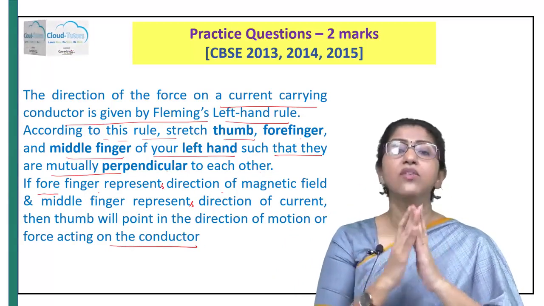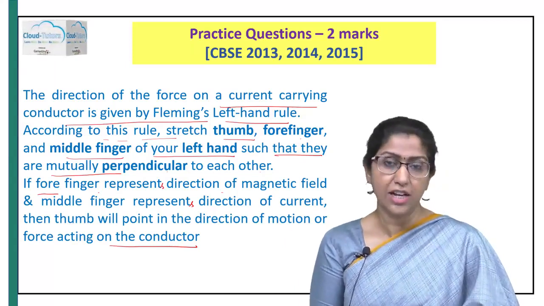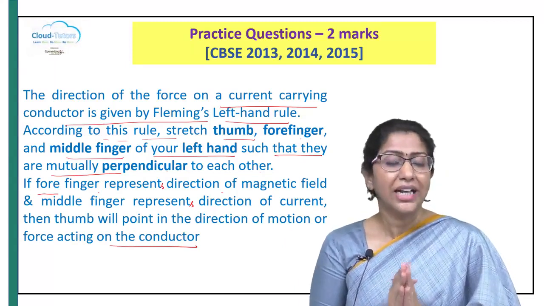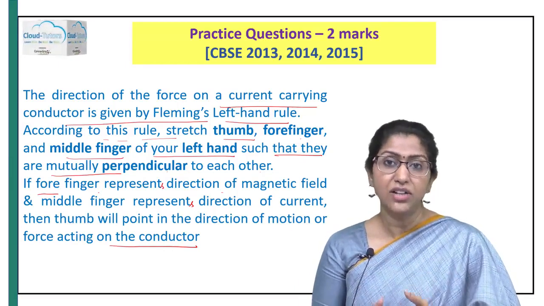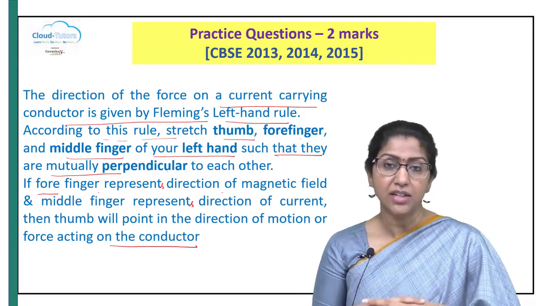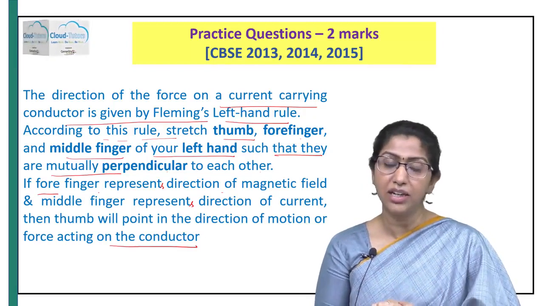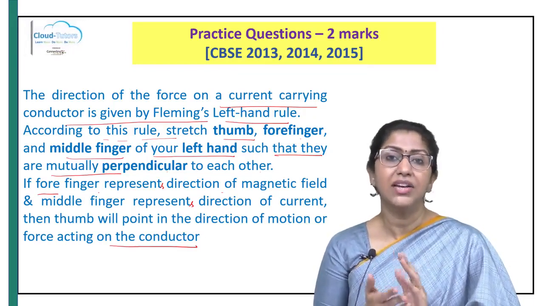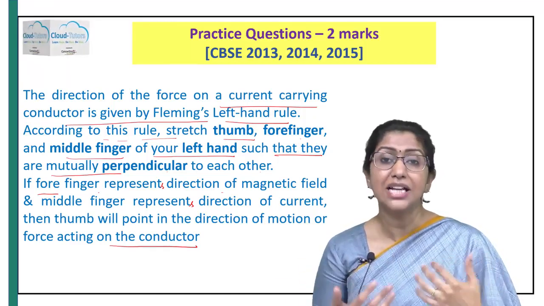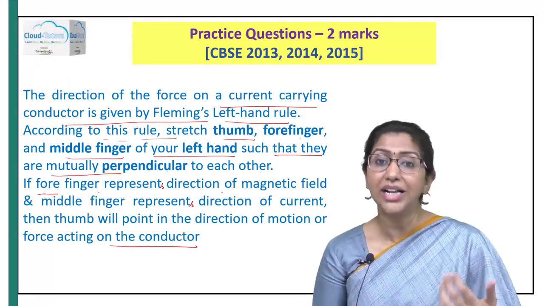All right, with this we come to the end of today's session, and let's quickly summarize what we have learned today. The first thing, a new topic that we started today, was the force acting on a given conductor. What kind of force acts on a given conductor when it is kept in a magnetic field, and why does it happen?